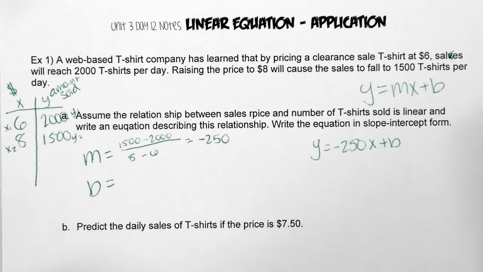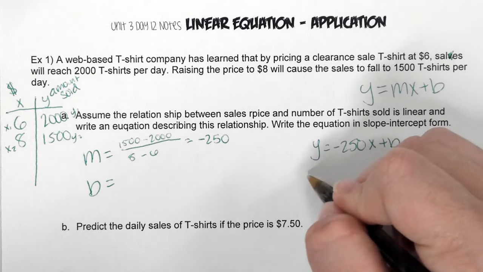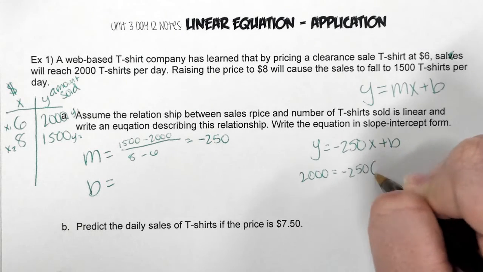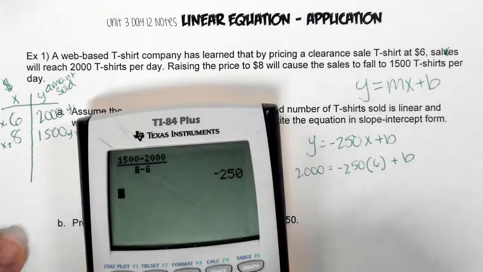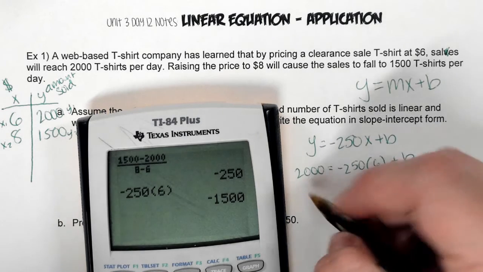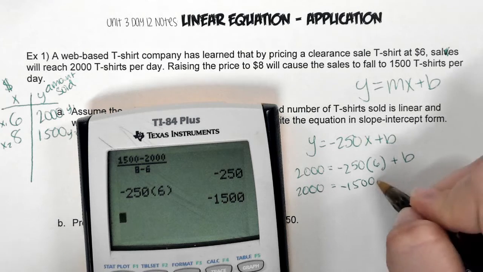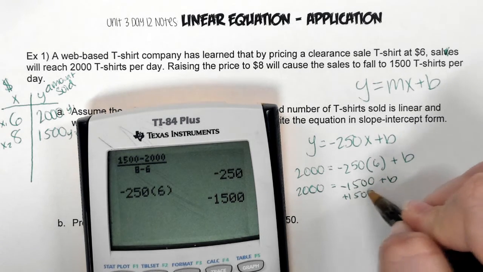Because I don't know b, I have to plug in a point to solve for b. It doesn't matter which one we use. I'm just going to use the first one. So for y, I'm going to plug in 2,000 equals negative 250 times x is 6 plus b. Negative 250 times 6 is negative 1,500. And then to solve for b, I'm going to add 1,500 to both sides.